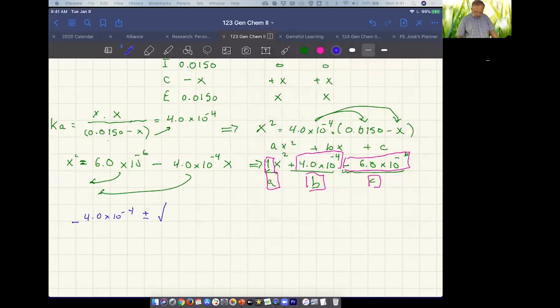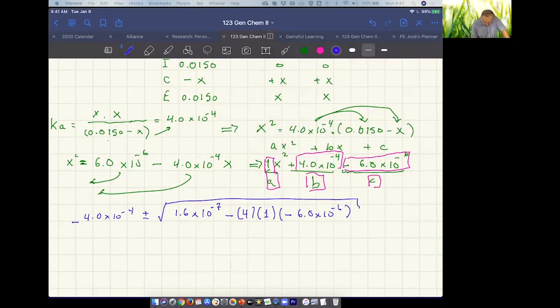So that square: 4 times 4 is 16, 10 to the minus 8, so it's going to be 1.6 times 10 to the minus 7, minus 4, A, which is 1, C, which is negative 6.0 times 10 to the minus 6. And so that will be the square root of that, divided by 2, and A is 1.